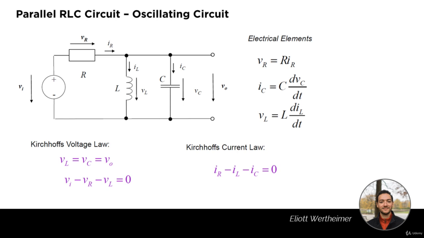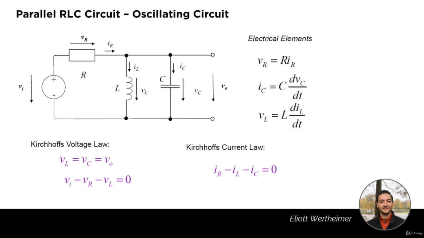Similarly, as the inductor L and the capacitor C are in parallel with the load at the point where V0 is measured, we can write that the voltage across the inductor is equal to the voltage across the capacitor, which is equal to V0.